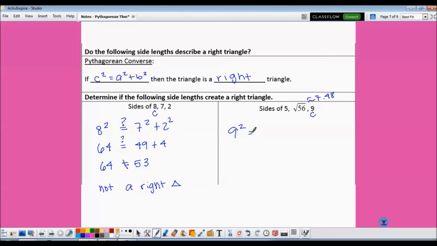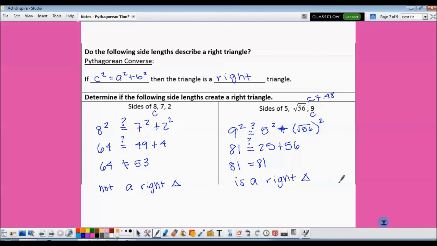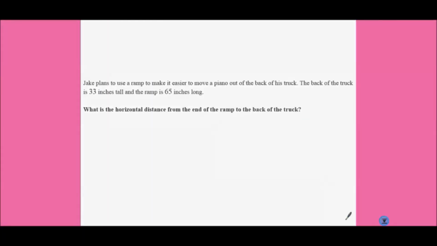So is 9 squared equal to 5 squared plus the square root of 56 squared? 9 squared is 81 equals, question mark, 5 squared is 25 plus square root of 56 squared is just 56. 25 plus 56 would be 81. So since they're equal, this is a right triangle.